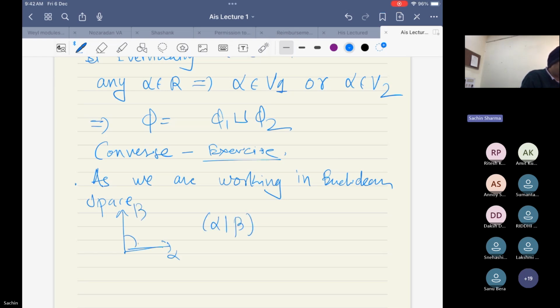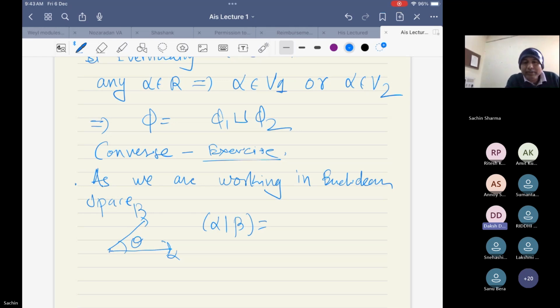Does anyone know what the inner product of alpha, beta is in terms of their norms? What is the expression? What would you write this inner product as?